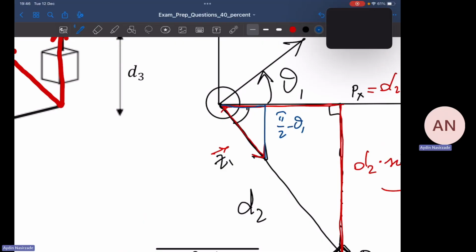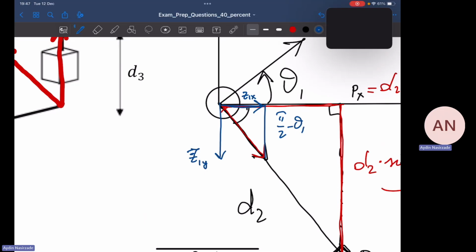The projection of Z1 along X0 is this one, and the projection of Z1 along the Y0 axis is this one. Let me put it this way: Z1Y and Z1X.